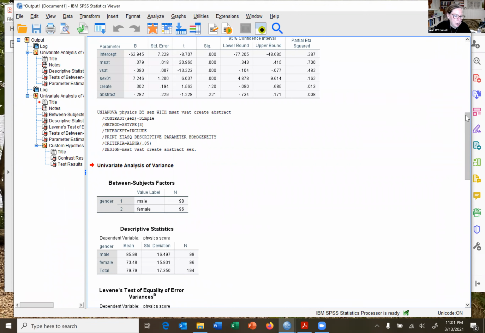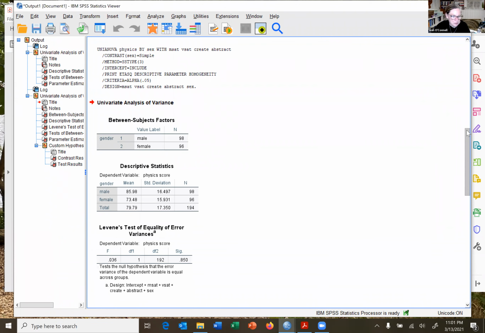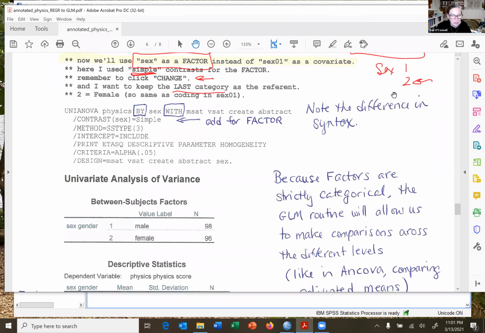And then once again, this is on your annotated PDF. This is where we are. So this statement here should align exactly with what we had going through the windows. We have our contrast using a simple contrast. That means it's just comparing one group to the reference group.